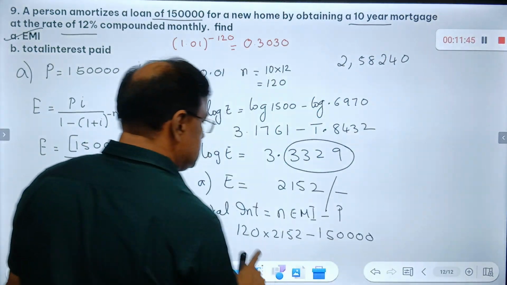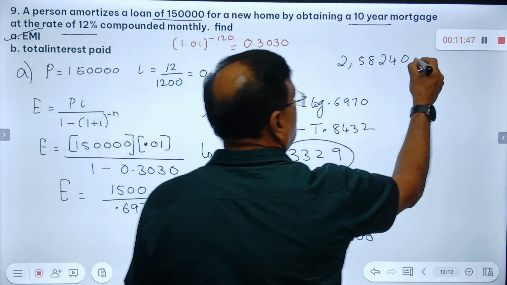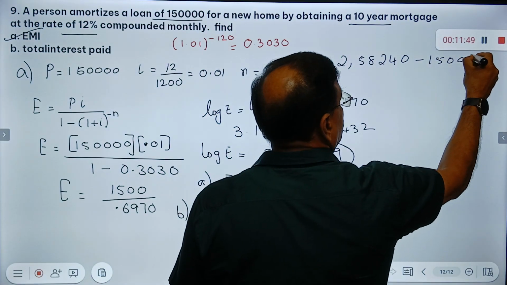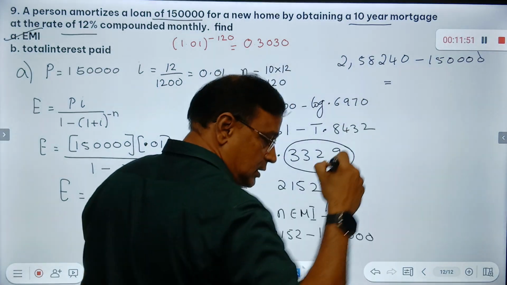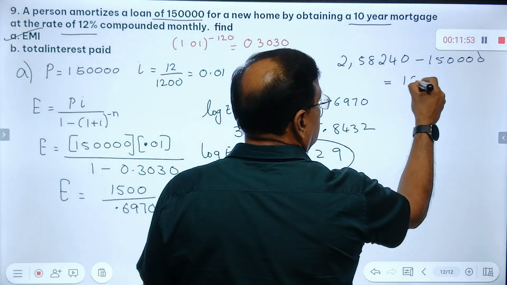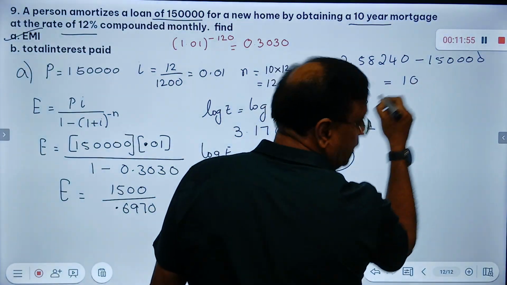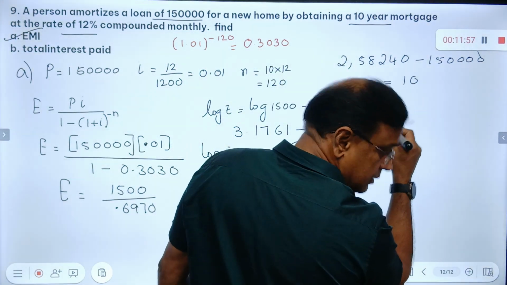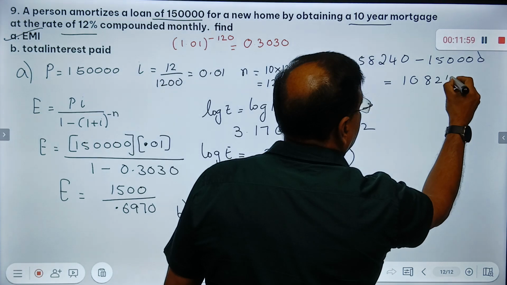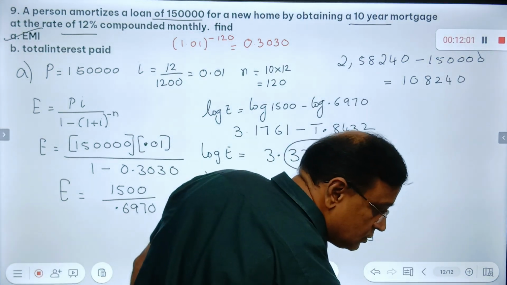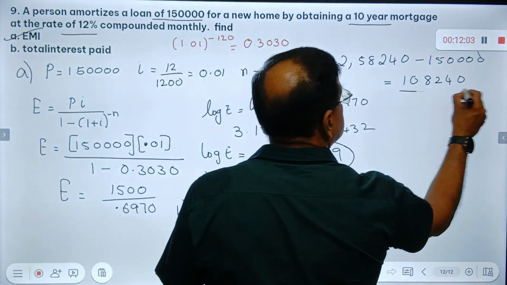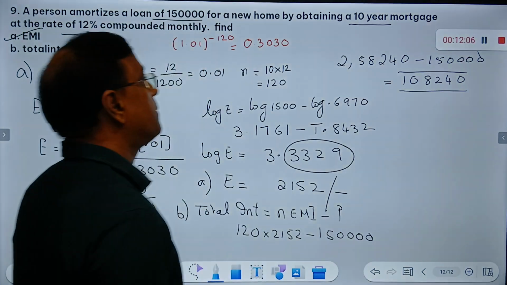It's not difficult, you just have to multiply, minus 1,50,000. Now on subtracting this, it's very easy to subtract. You get 1,08,240. This is the total interest paid.